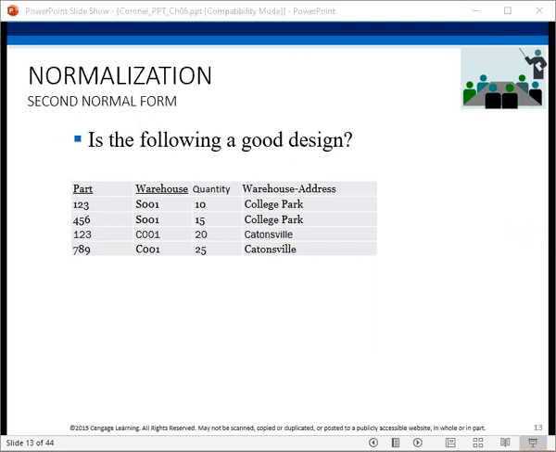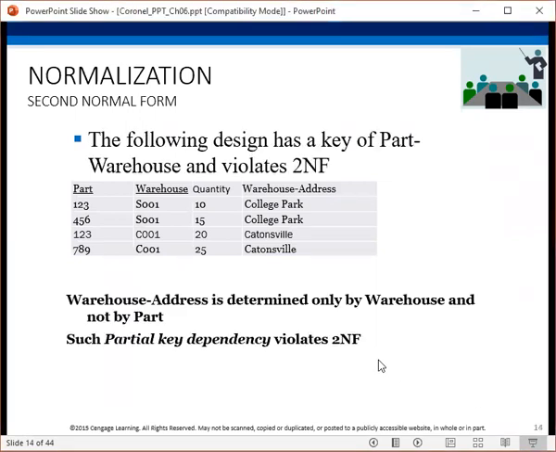It cannot be determined by part of a composite key. So of course, we have problems with this. Warehouse address is determined only by warehouse and not by part. So that's a partial key dependency, and it violates second normal form.